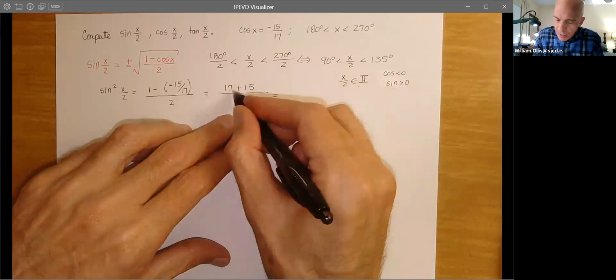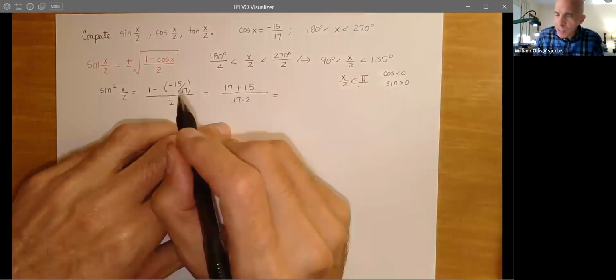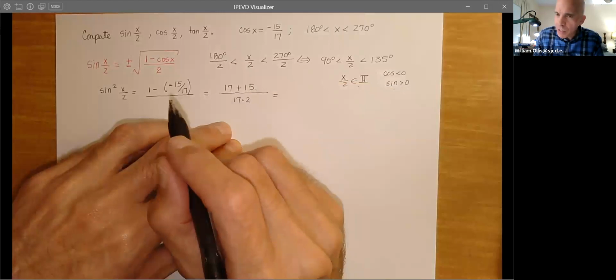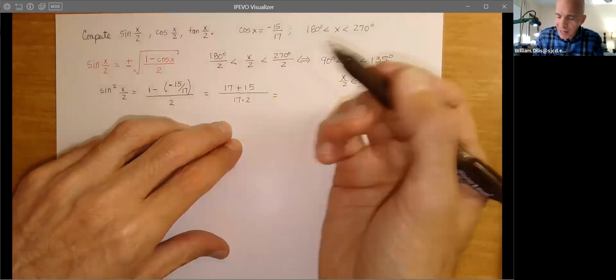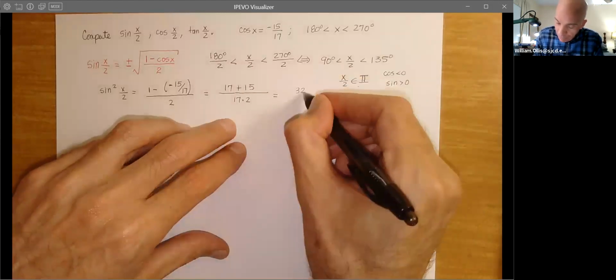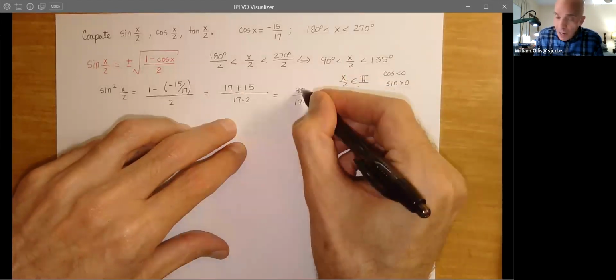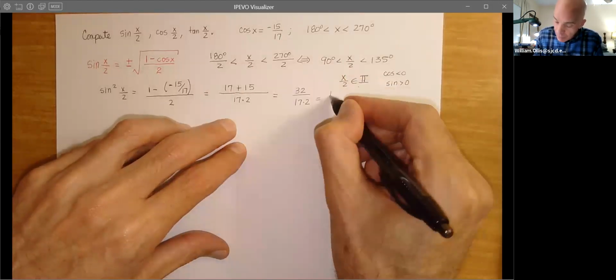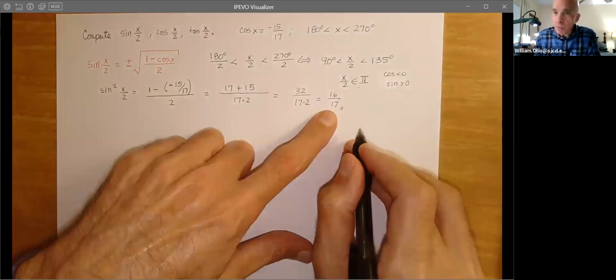The thing is that neither of these numbers is divisible by 2, but since they're both odd, their sum is. So number theory tells us what to do. Number theory kind of drives everything we do. So this is a 32, 17 times 2. And of course, 2 divides 32 16 times. So that makes the arithmetic trivial.